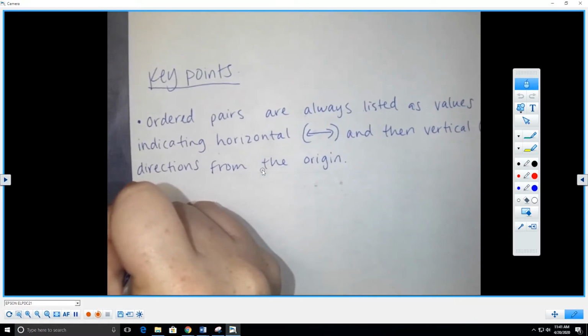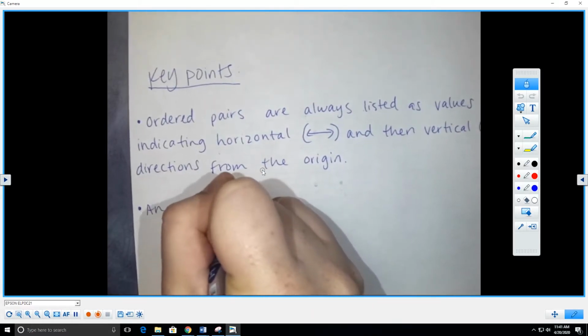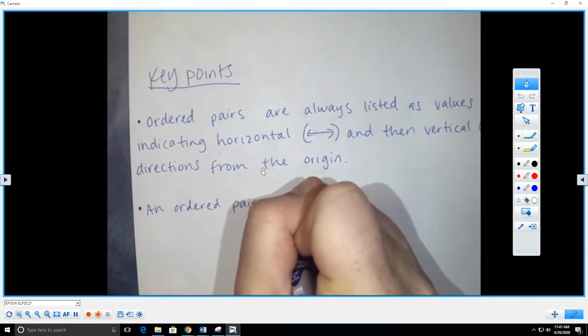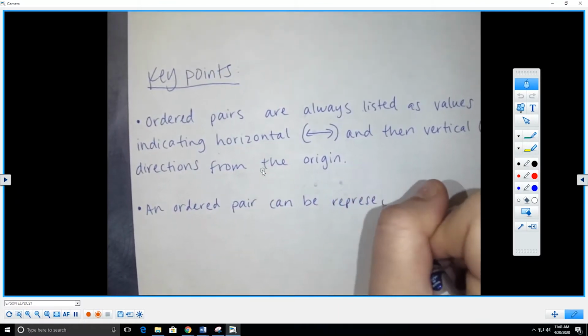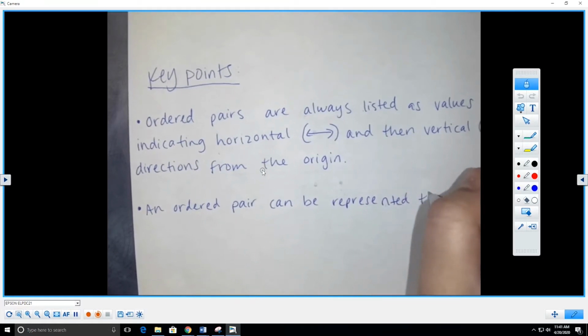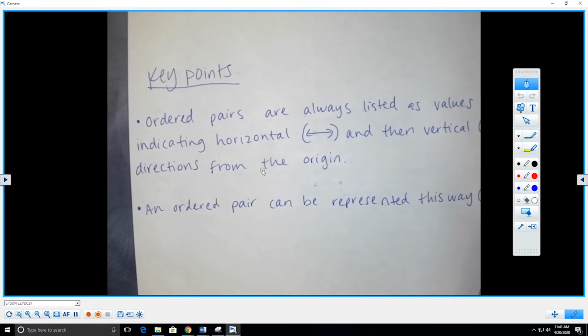Okay, next point. An ordered pair can be represented this way: (x, y).